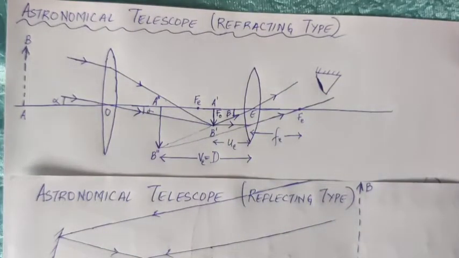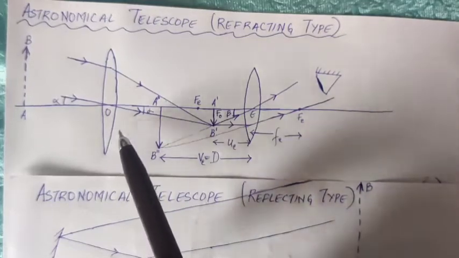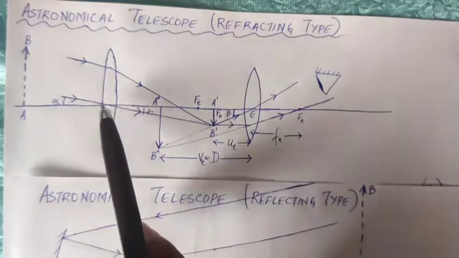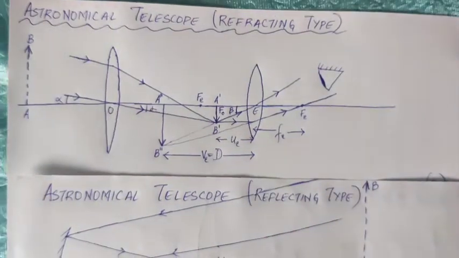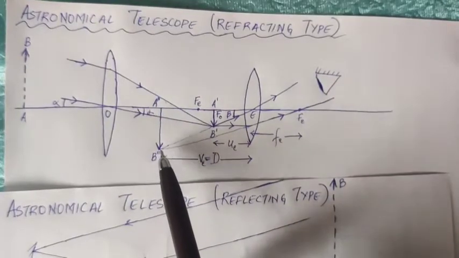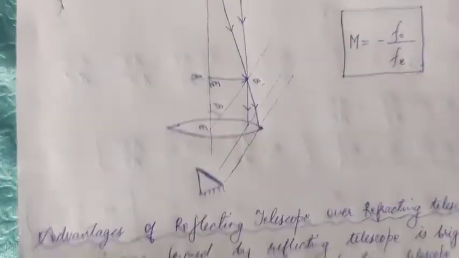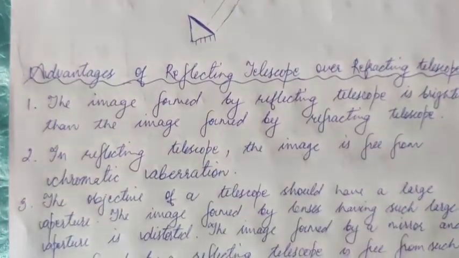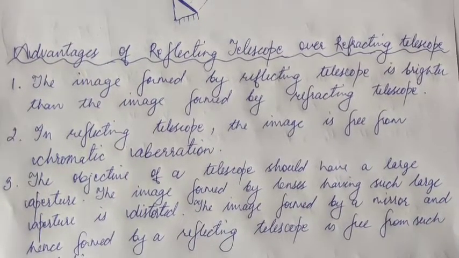Mostly refraction is happening, but some amount of absorption and reflection of light also takes place at the lenses. So eventually the image gets dim. Therefore, the image from a reflecting type telescope is brighter than that formed by a refracting type telescope. You just have to write the reasons.